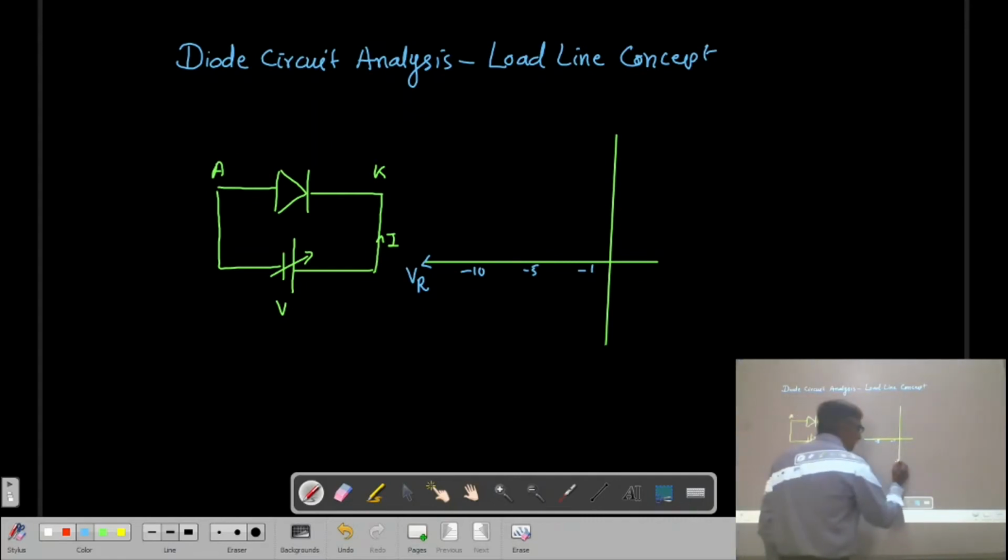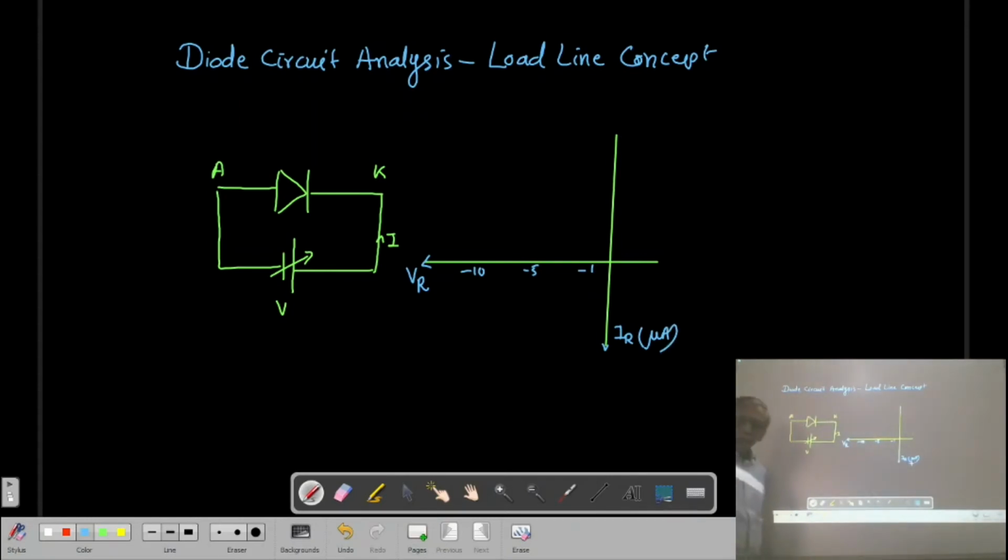And if we measure the current, this current is known as the reverse bias current, and it will always be in the order of a microampere.